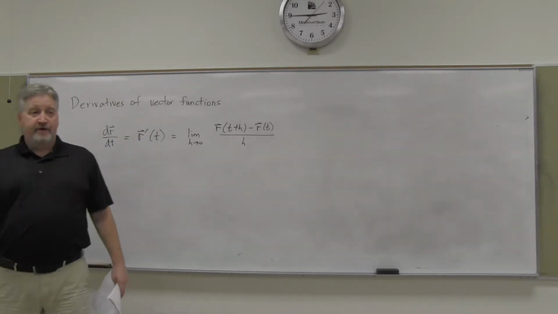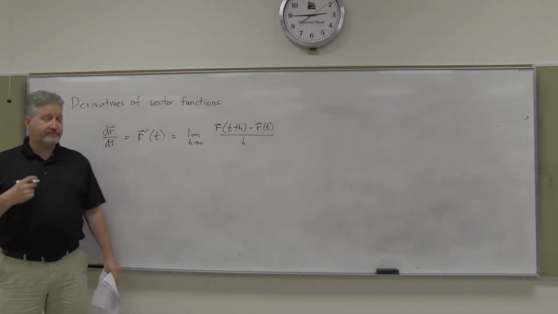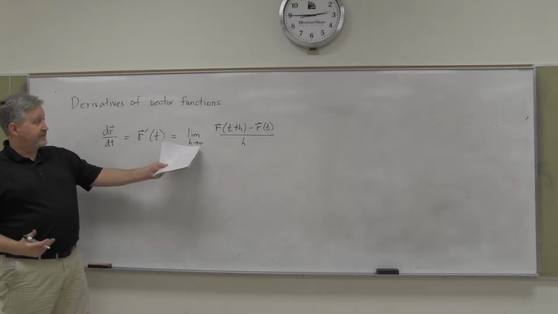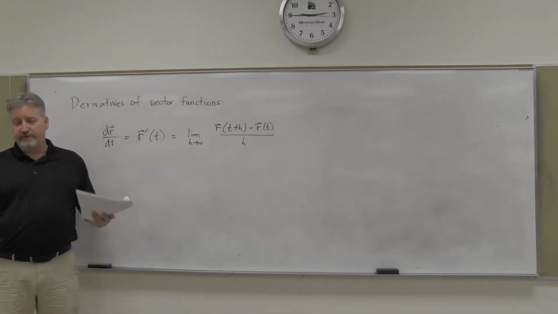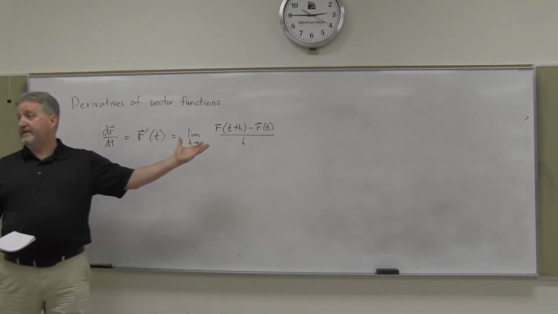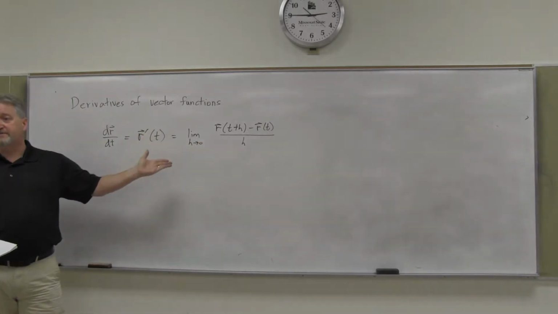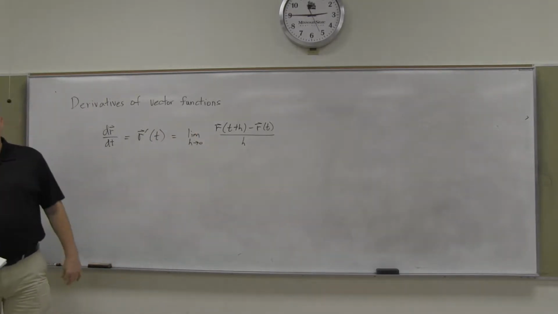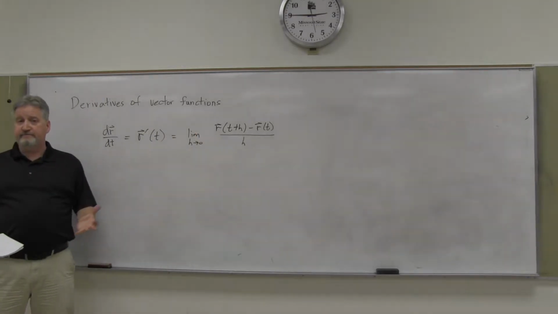So hopefully you're thinking it's going to mean basically the same thing. The way we got that was with regular functions. That was secant line slopes, and this gave us the slope of the tangent line.